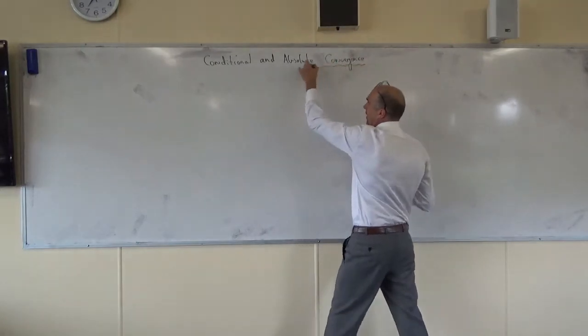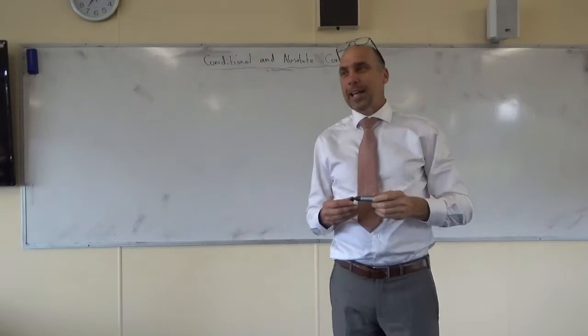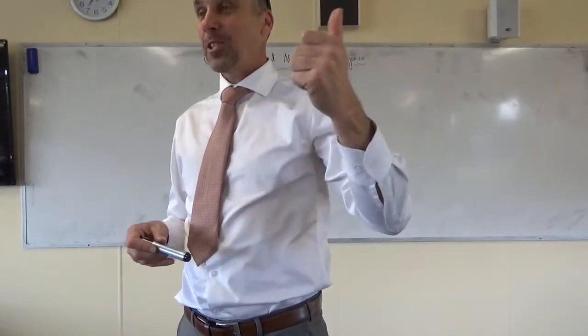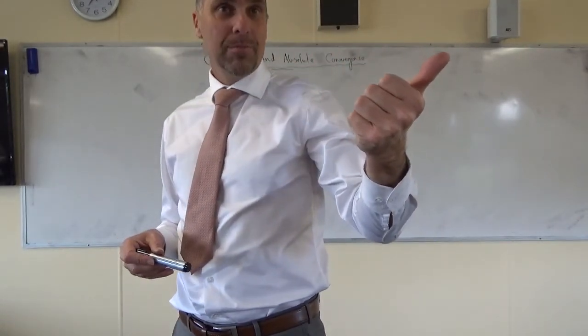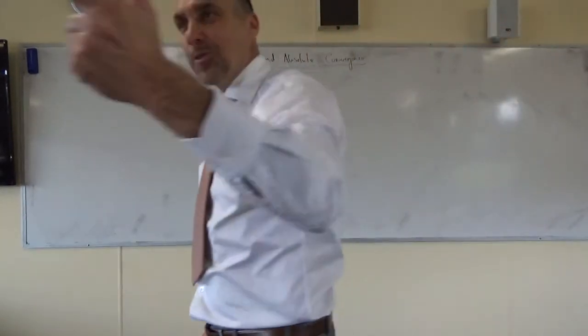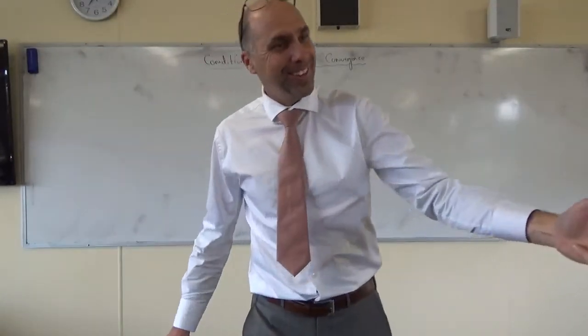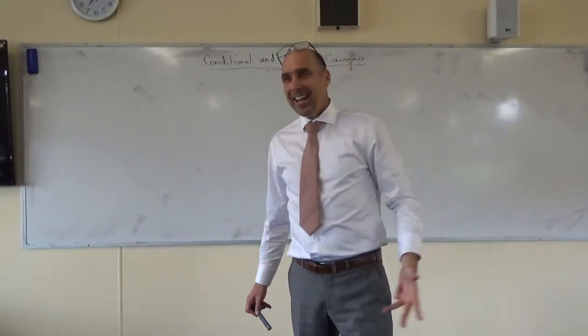That's the heading. This is kind of the next test. So let's run through the tests in our head. Test 1, divergence test. Test 2, comparison test. Test 3, limit comparison test. Test 4, integral test.